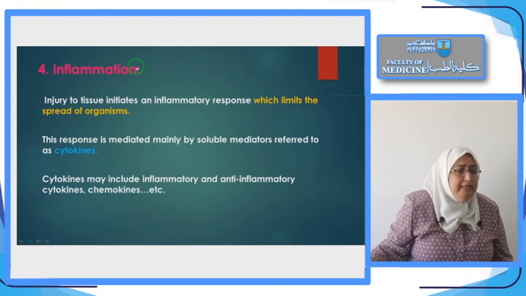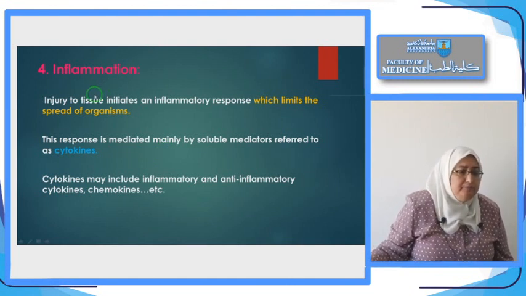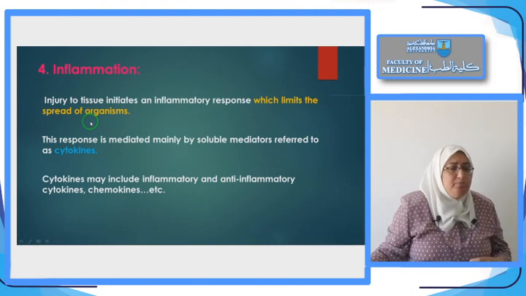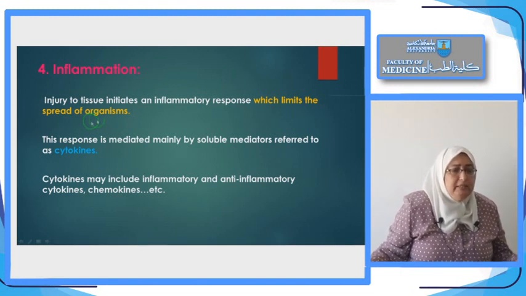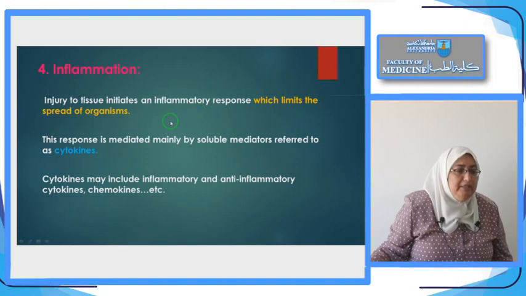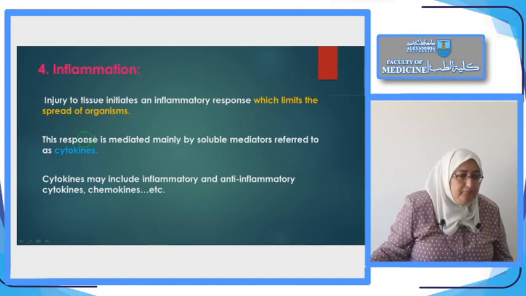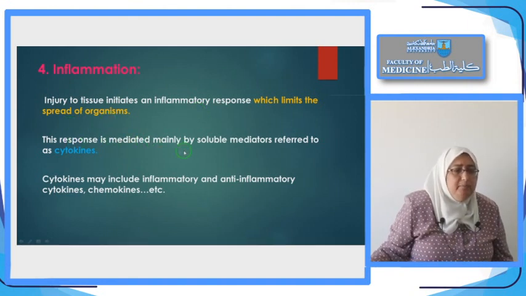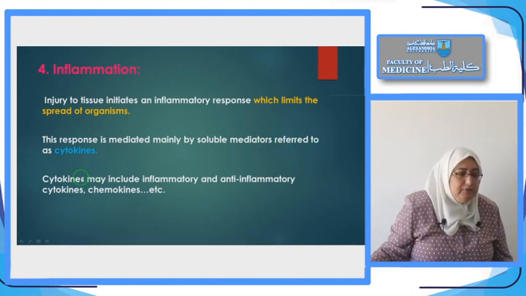Fourth mechanism of innate immunity, we have inflammation. Injury to tissue initiates an inflammatory response which limits the spread of organisms. So any injury to tissue by a microorganism will elicit an inflammatory response to limit the spread of this organism. This response is mediated by many soluble mediators referred to as cytokines.